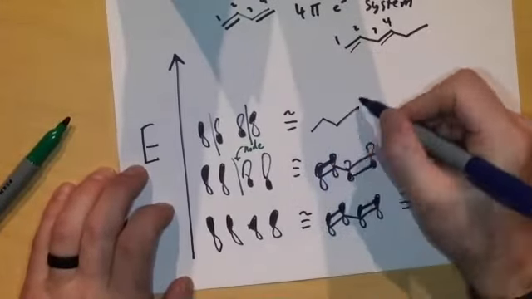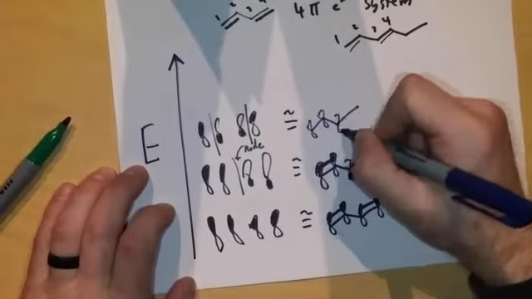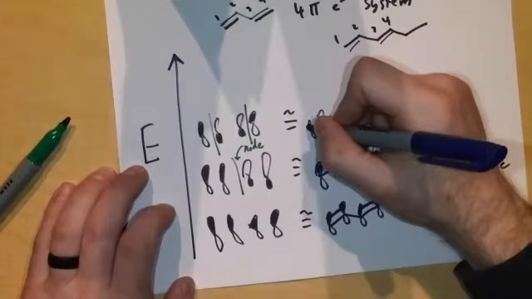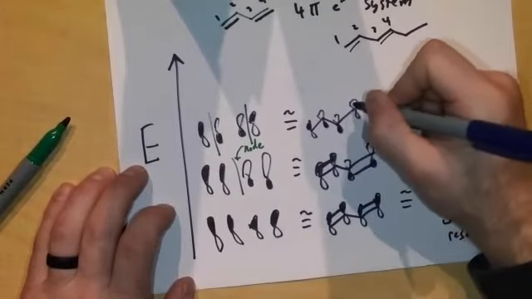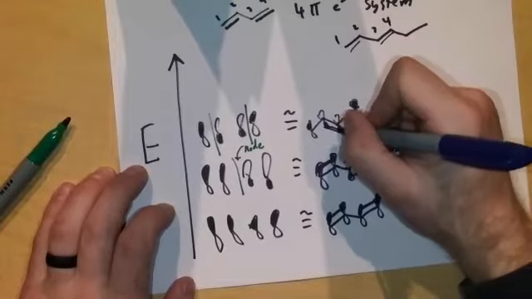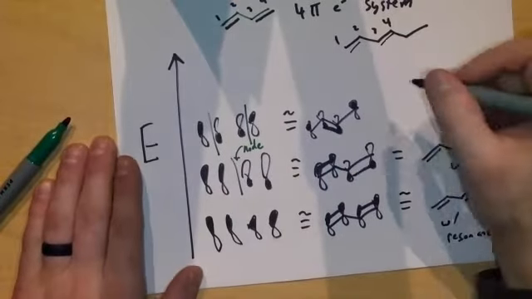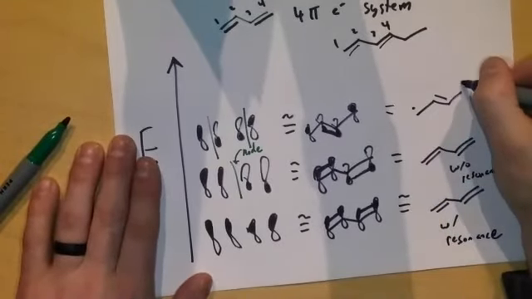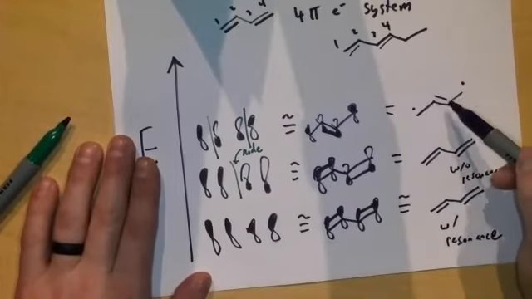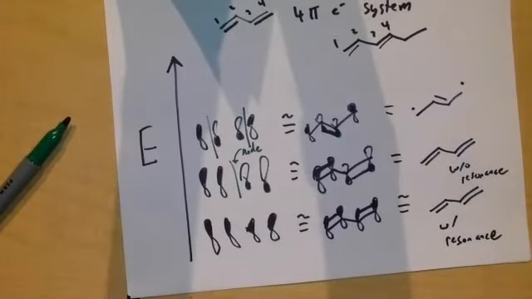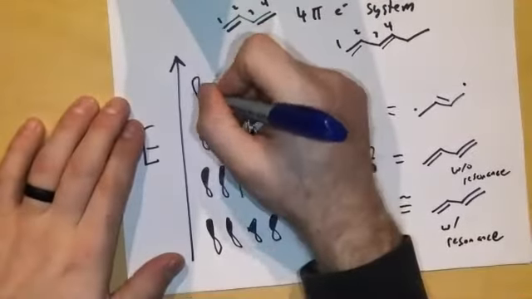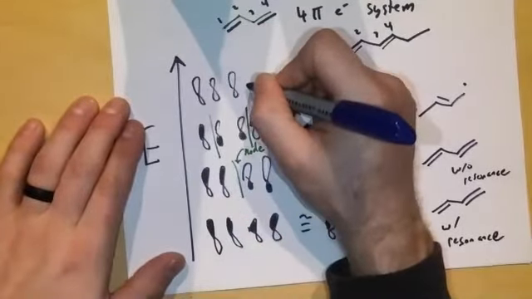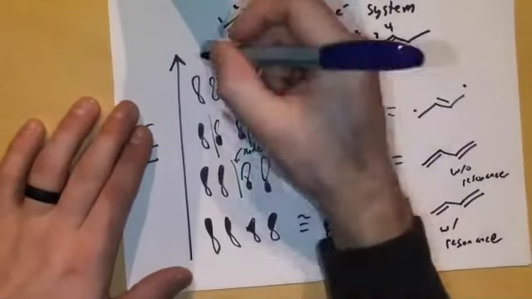It's going to look something like this here, or this, where we have two radicals on the end and then a double bond in the middle. Our highest one is where we're going to have a node between everything.